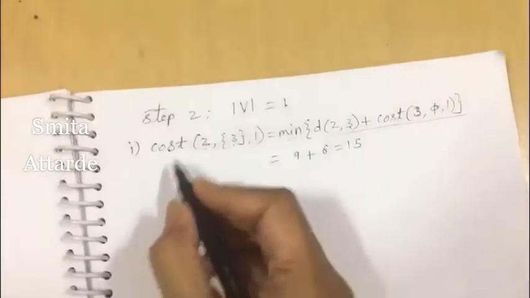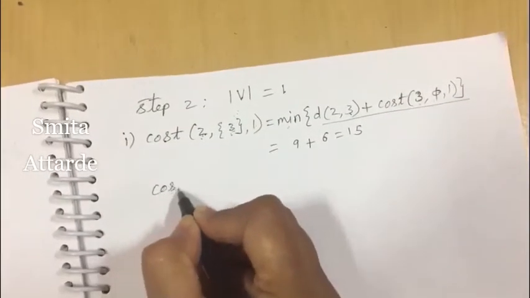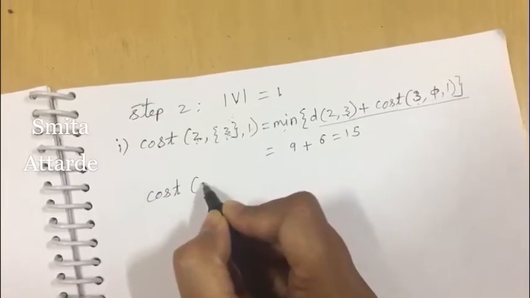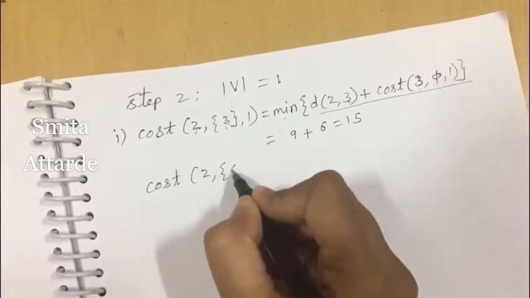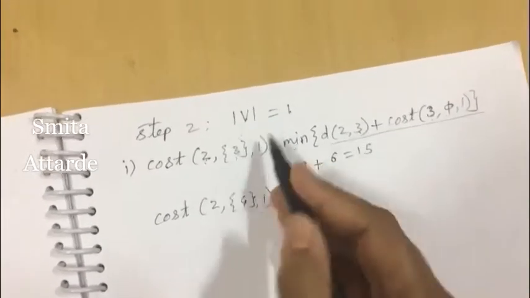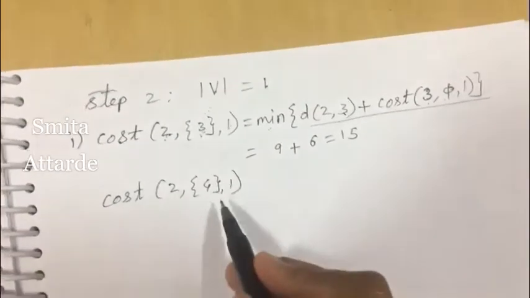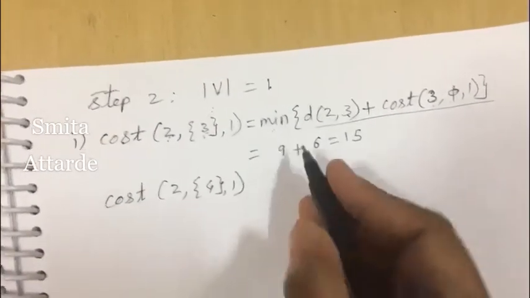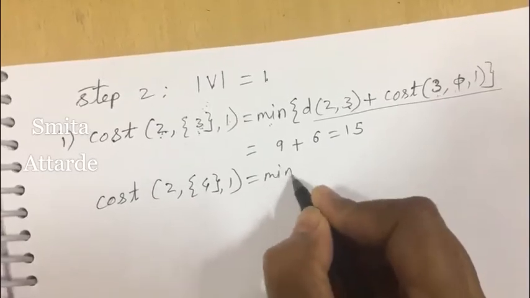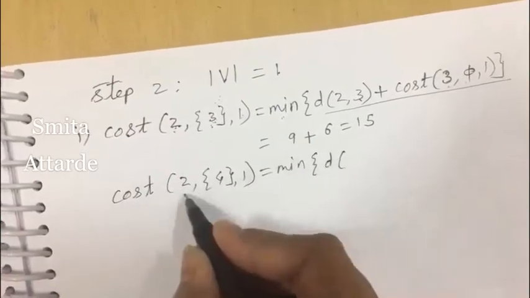Okay, now we'll consider the second case, cost of 2 when the intermediate vertex is 4. Here when the intermediate vertex is 3, now we are considering the intermediate vertex is 4. So minimum of distance of ij, this is I, this is j.